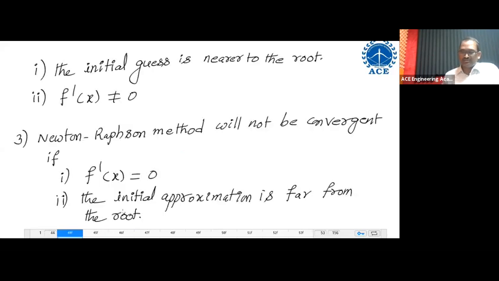Let us continue. The initial approximation is far from the root. Remember, if f dash x is equal to 0, this method fails. If Newton-Raphson method fails, use regular falsi method.